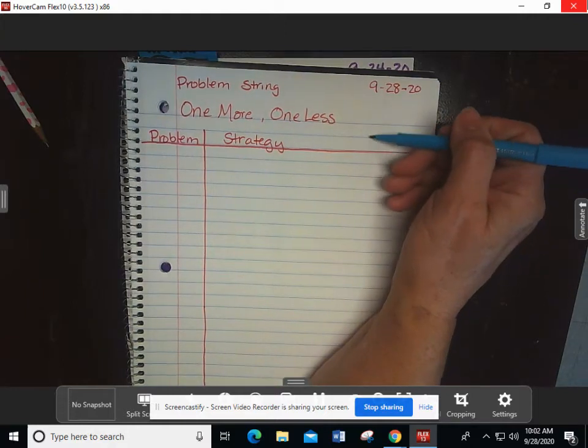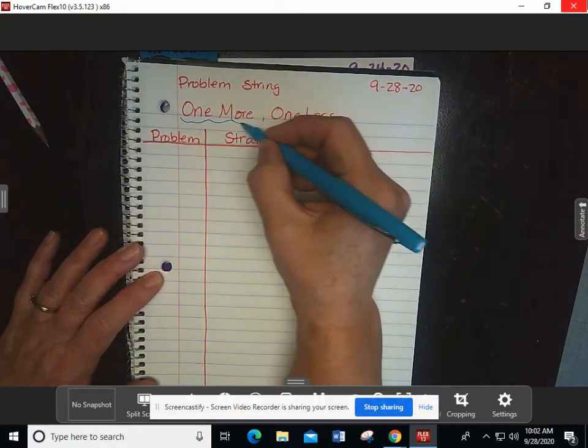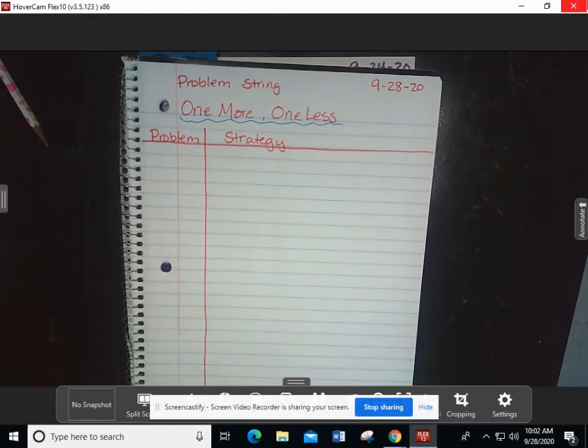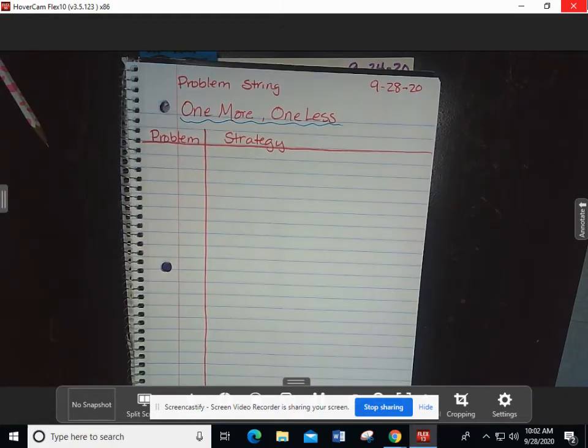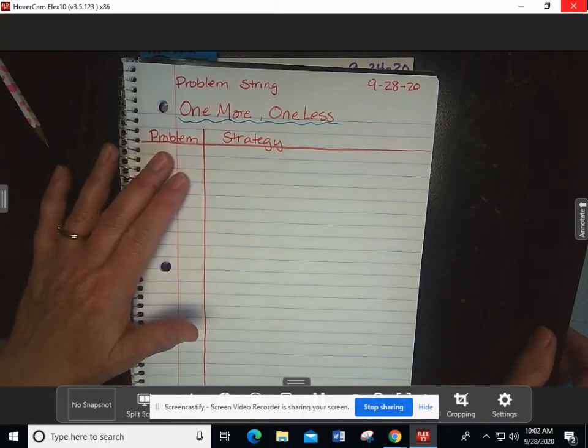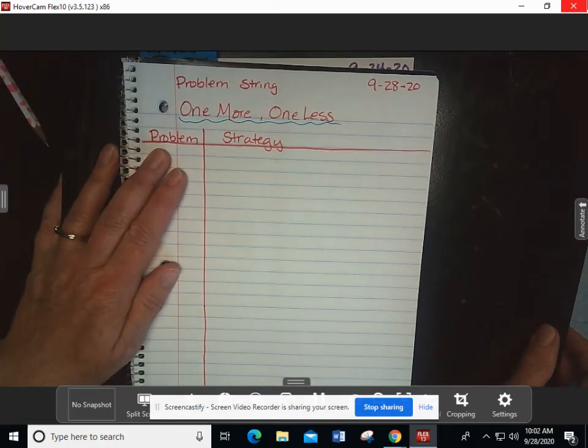I went down 2 lines just so that I have room. As you know, I always use different colors so it stands out better for you. So I've made a T-chart. Our problems that we're working on are going to be on this side.